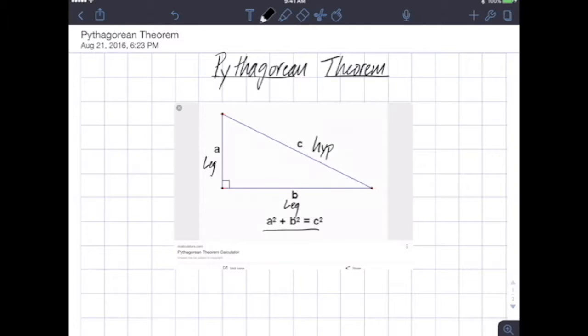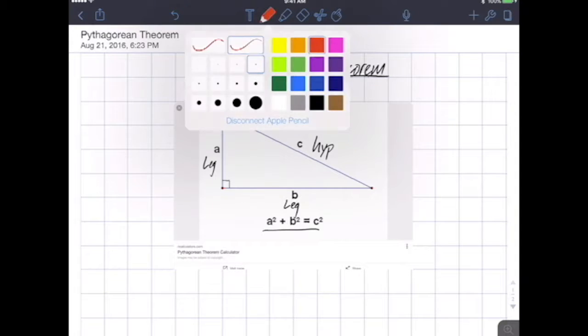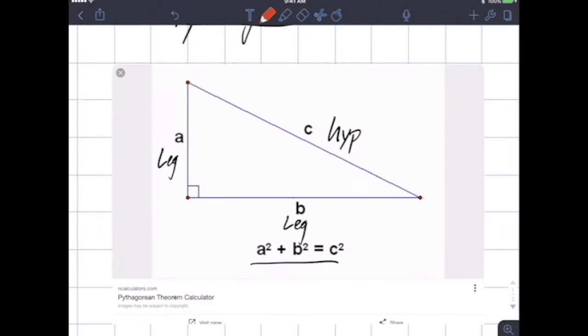Okay, so let's say we're on a graph. We are on a graph, technically. This point here could be, I don't know, X, Y, Z. Okay?